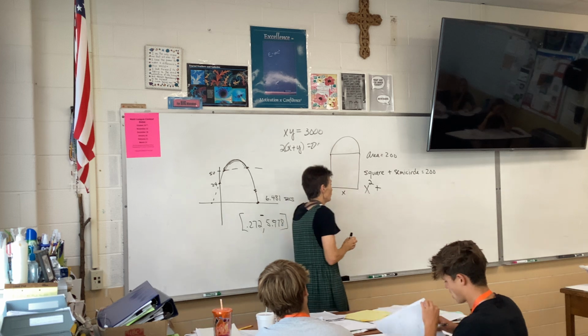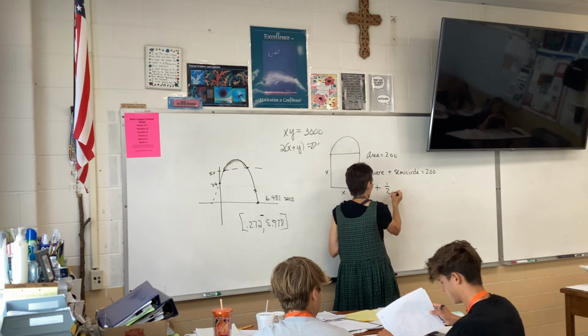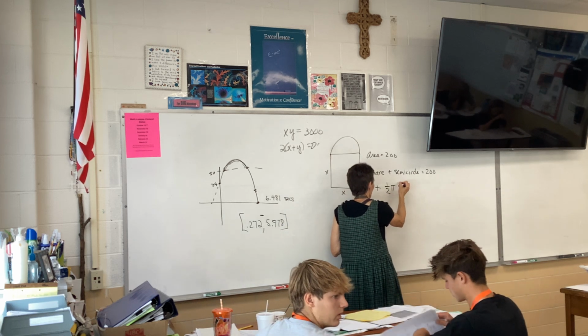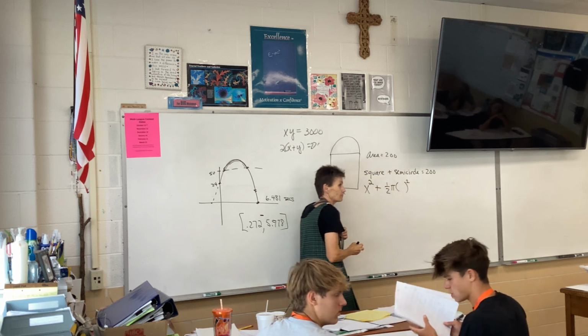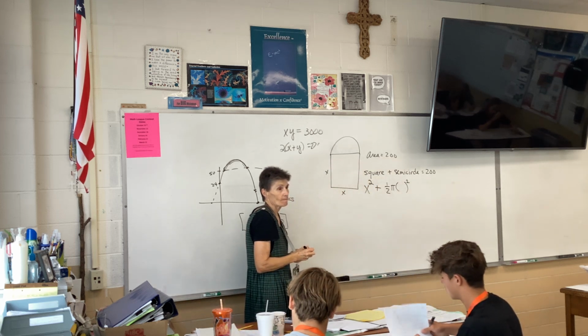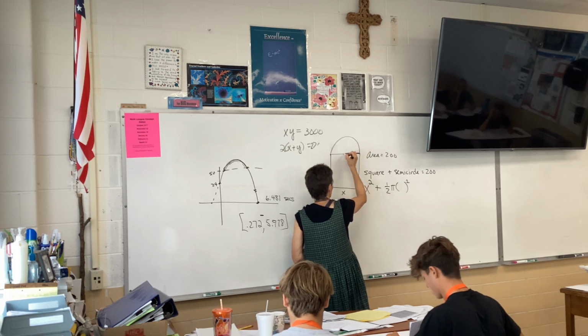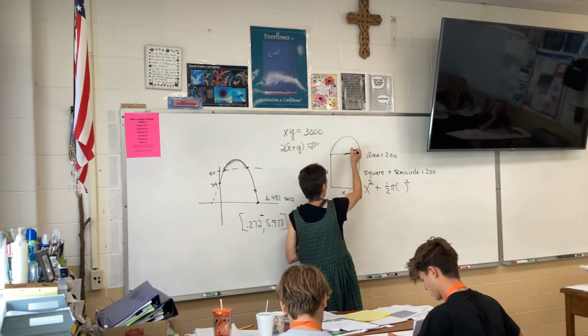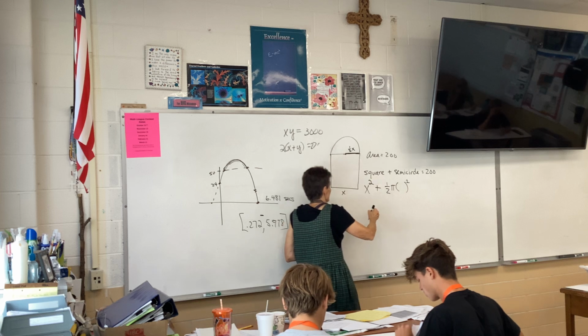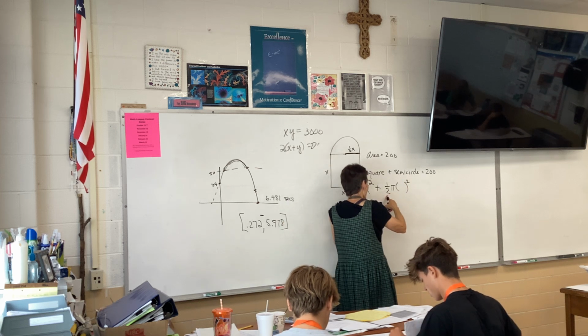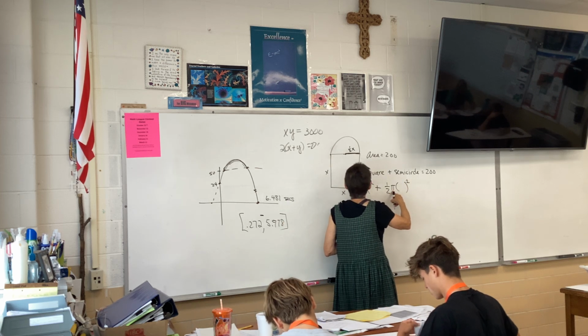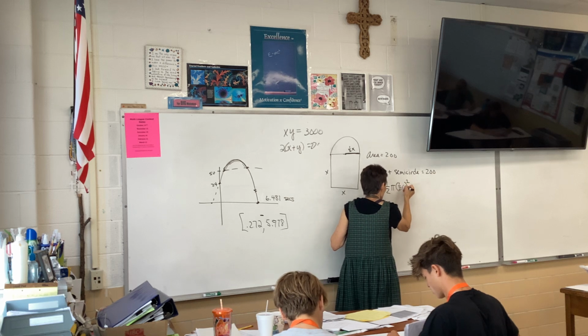Semicircle will be 1/2 pi r squared. So what's the radius of my semicircle? What's that guy right there? 1/2 x. So my semicircle is 1/2 pi times 1/2 x squared.